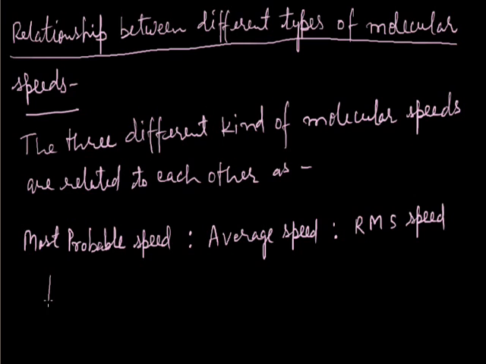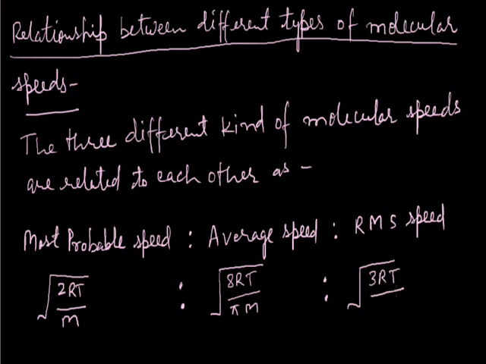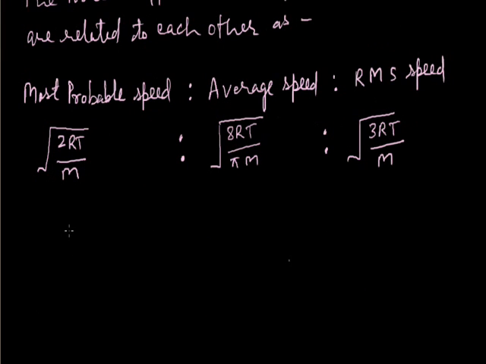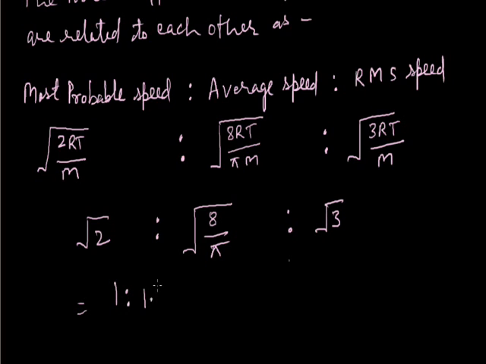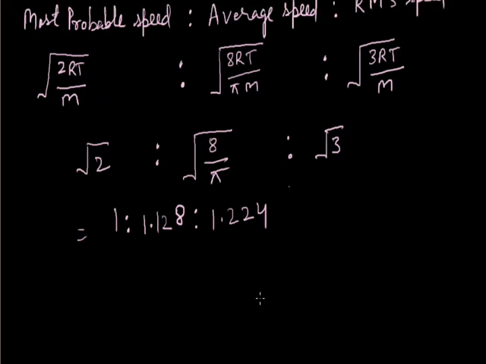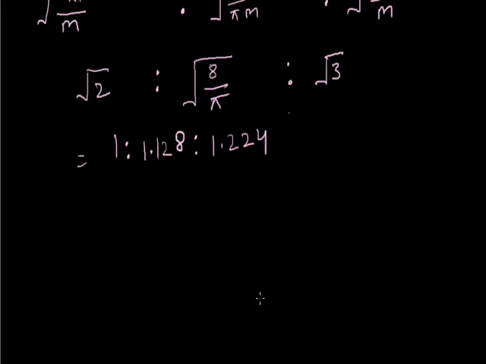Most probable speed is under root 2RT by M. Average speed is under root 8RT by pi M. And RMS speed is under root 3RT by M. And the ratio comes under root 2 is to under root 8 upon pi is to under root 3, that is equal to 1 is to 1.128 is to 1.224.